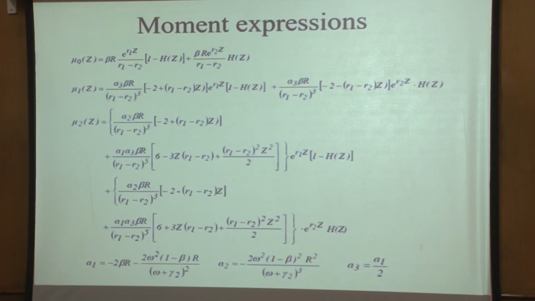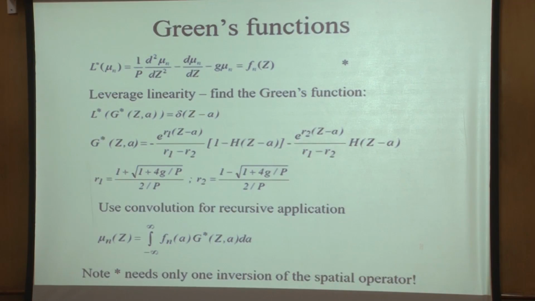So if I do this with the Green's function, I can solve for mu0 of z, change the right hand side, solve for mu1 of z, change the right hand side, solve for mu2 of z, and I could keep doing this. And again, you will see that each of these moments are going to depend on beta r. R1 and R2 have been defined over here. They were in terms of p and so on, and the g values.